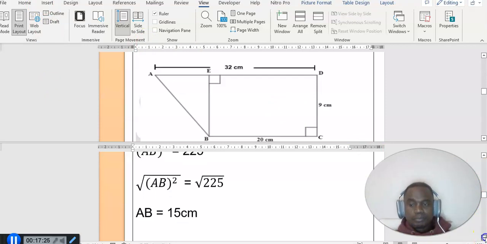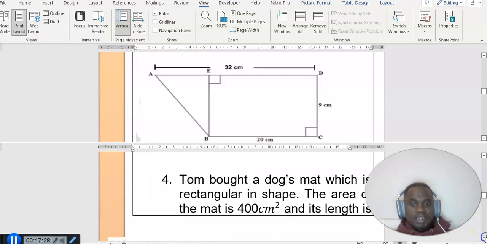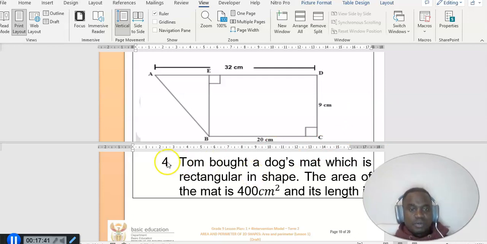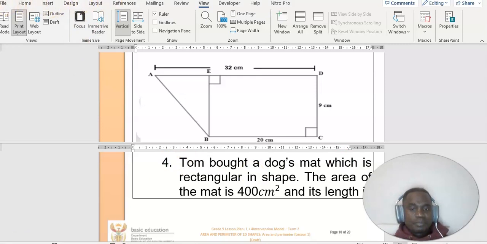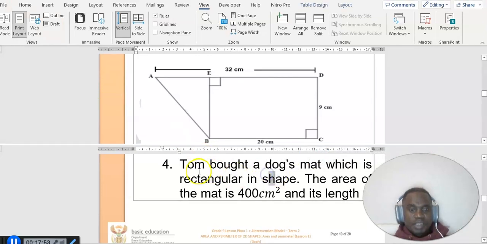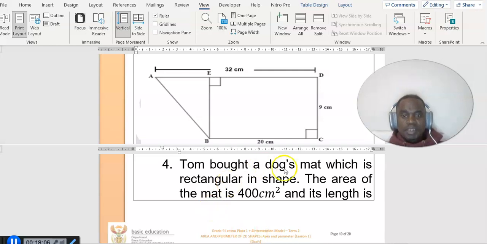Now, the next homework I gave you: Tom bought a dog mat which is rectangular in shape.